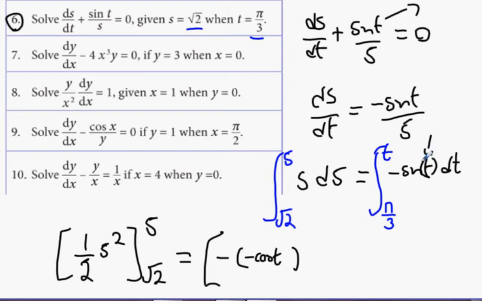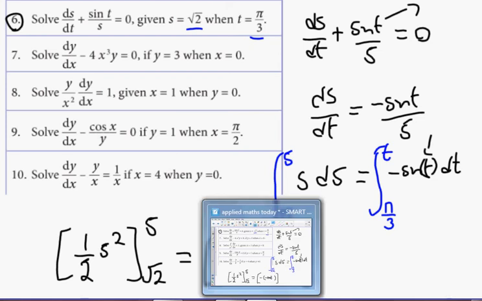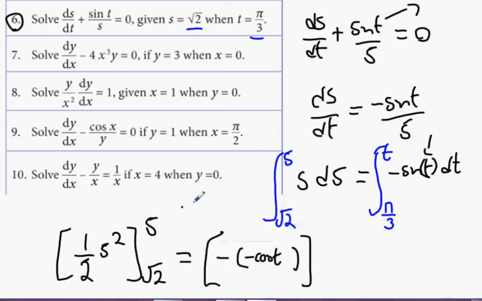Differentiate the t? 1. So it doesn't have any effect. If that was a 2t, there'd be a divided by 2 underneath that. If that was a 4t, there'd be a divided by 4 on the bottom. Okay? But it's not. And then it's t and pi over 3.